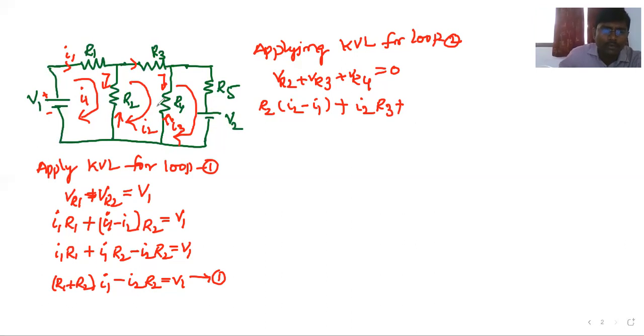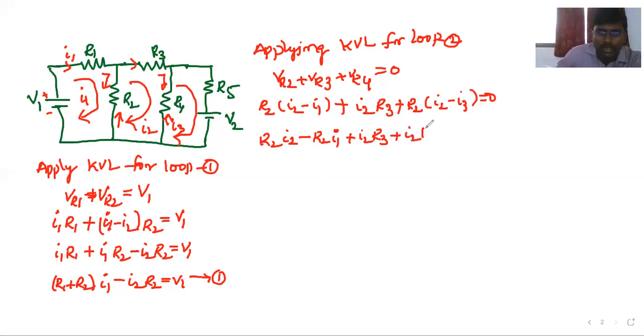Therefore, the current flowing through R4 is I2 minus I3, and this is equal to 0. So from this, R2 into I2 minus R2 into I1, plus I2 into R3, plus I2 into R4 minus R4 into I3 is equal to 0.